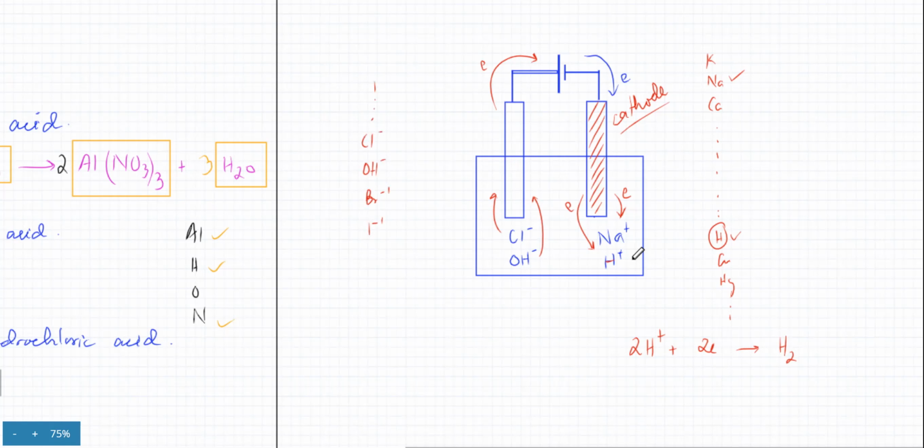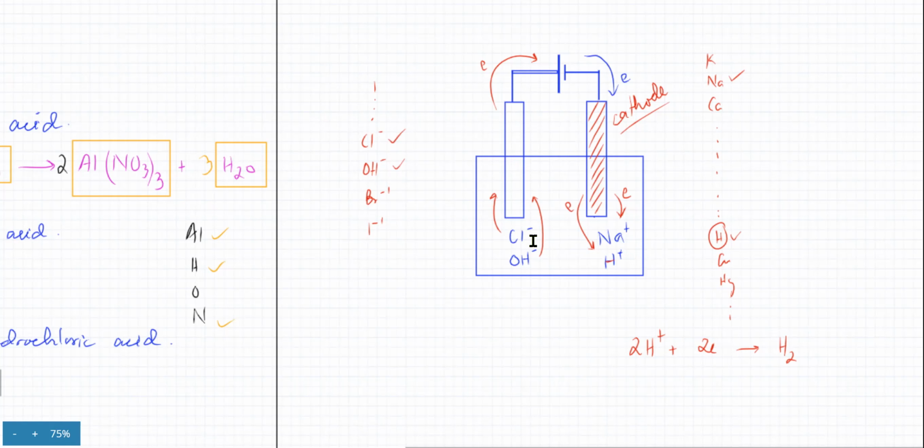Sulfate, nitrate, carbonate, etc. The competition is between Cl-1 and OH-1. So you should have selected OH-1. That's the one that's going to lose electrons.